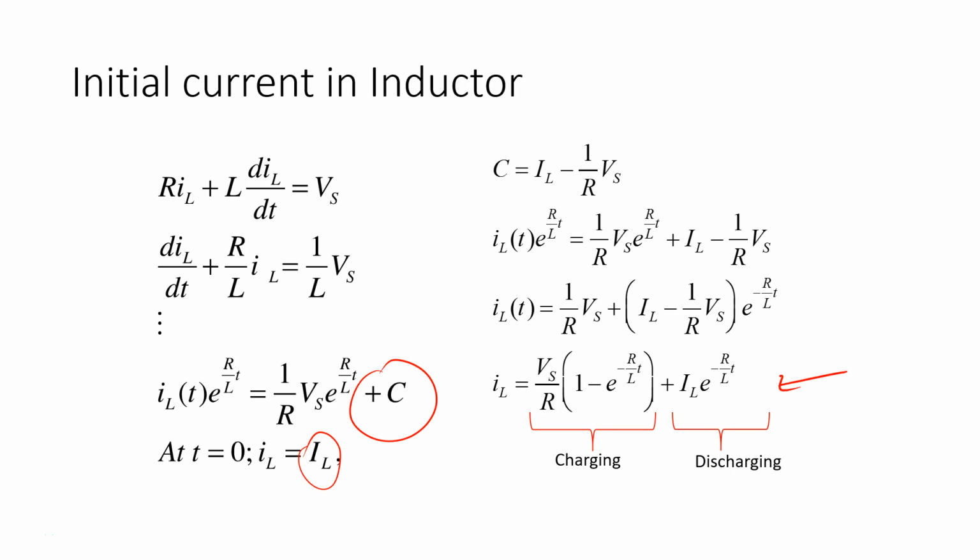So if the inductor did have some initial current and then you switched it, it would move toward the new current from the old current. It would discharge the old current and go to the new current. You could see it as a superposition of those two, and this is of course the most general form of the equation. If you can't remember any of the other equations, this is the one you should remember because it has both equations built into it.